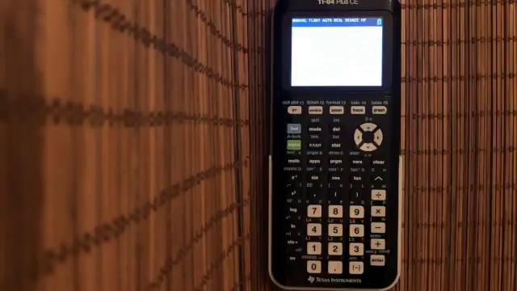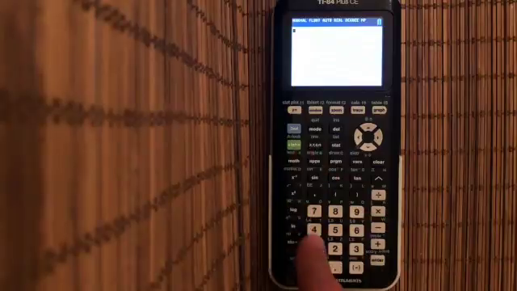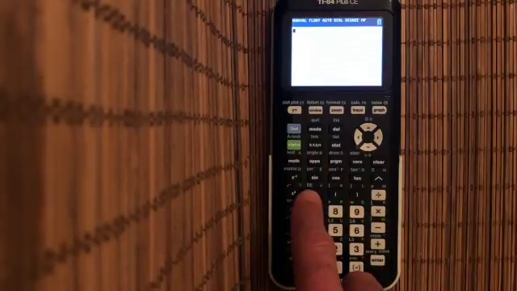Well, let's say that this number is 1.7 E4, which means 1.7 times 10 to the fourth power. Well, on the TI83, TI84, on the comma key above, there's that EE. That's the E in scientific notation.